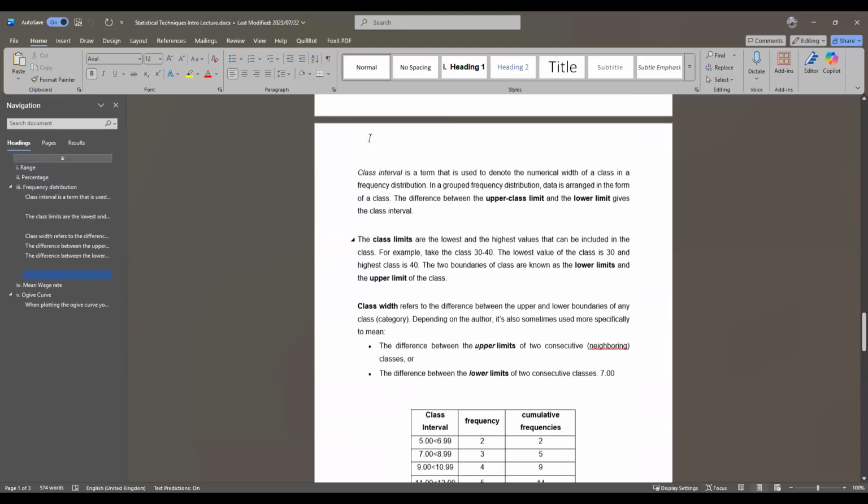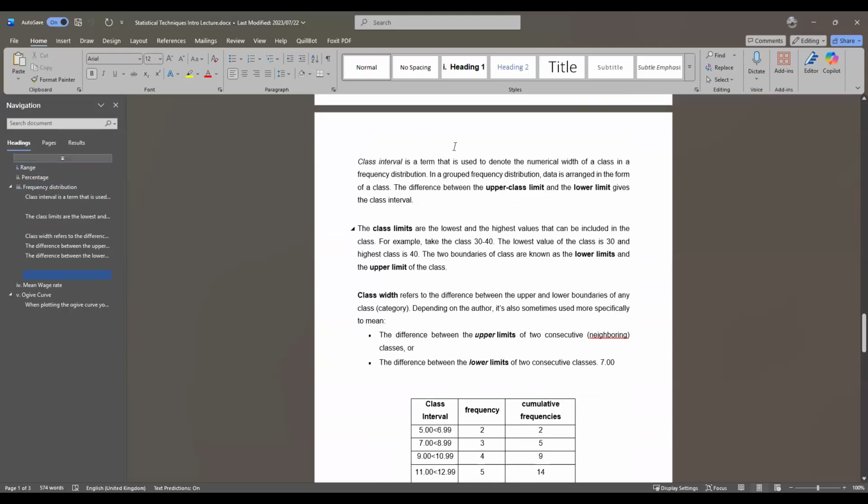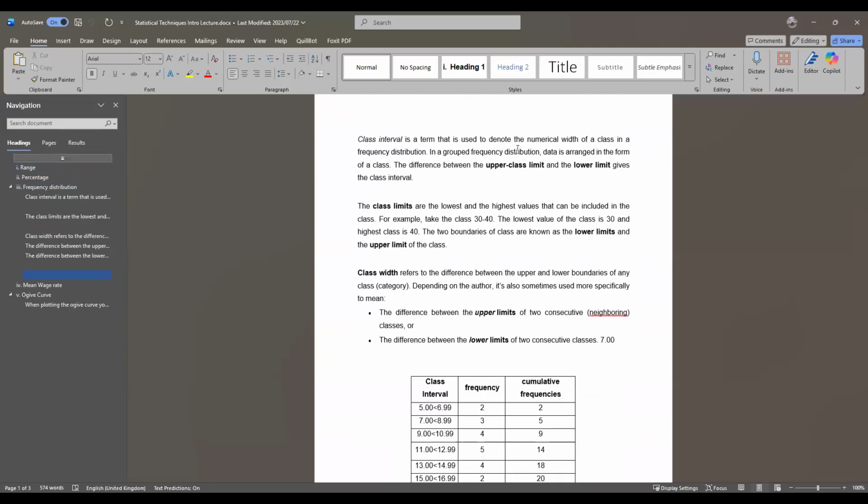So class interval is a term that is used to denote the numerical width of a class in a frequency distribution. In a grouped frequency distribution, data is arranged in the form of classes. The difference between the upper class limit and the lower limit gives the class interval. So what are these upper class limit and lower limit?